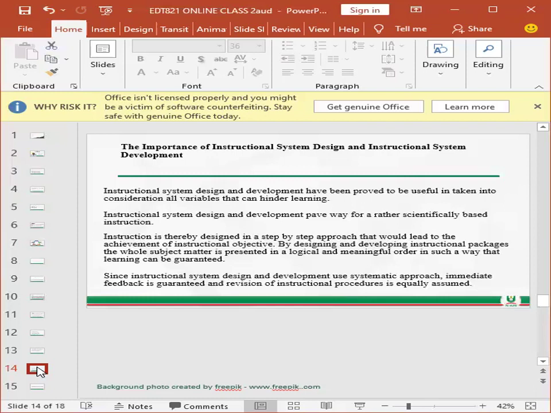Instruction is thereby designed in a step-by-step approach that will lead to the achievement of instructional objectives. So by designing and developing instructional packages, the whole subject matter is presented in a logical and meaningful order in such a way that learning can be guaranteed.